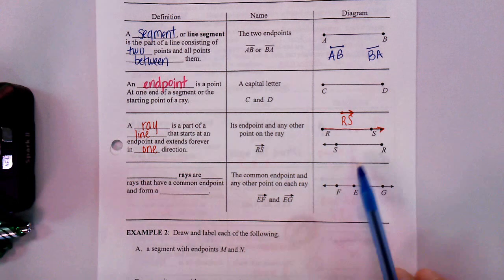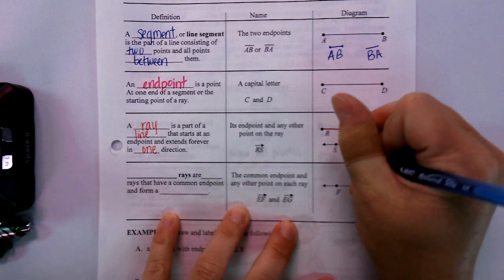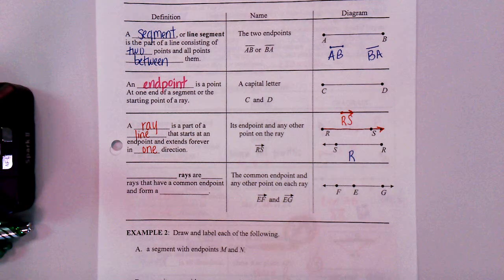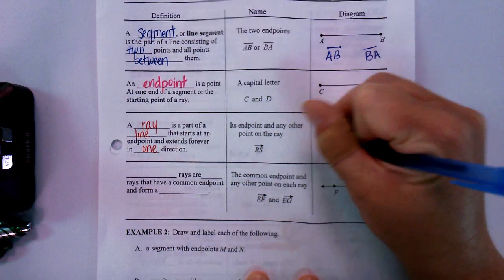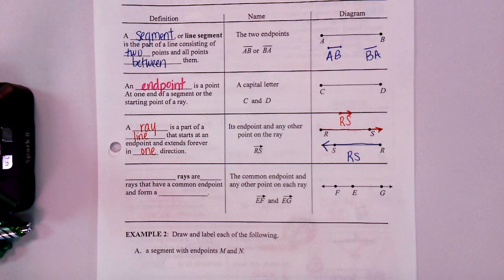So let's look at the bottom example, because now I have an arrow going to the left. So what is my end point? R. It's still R, so that's my first letter. And if I trace it, what letter do I go through? S. So that goes second. Now here's the curveball. What kind of hat do I put on it?